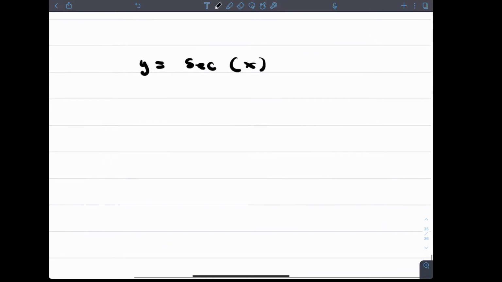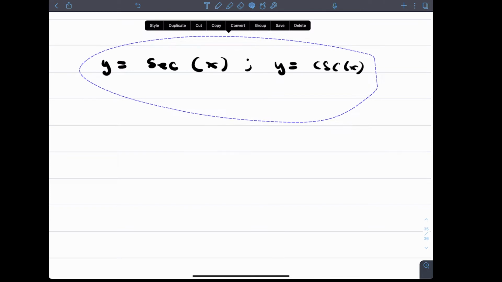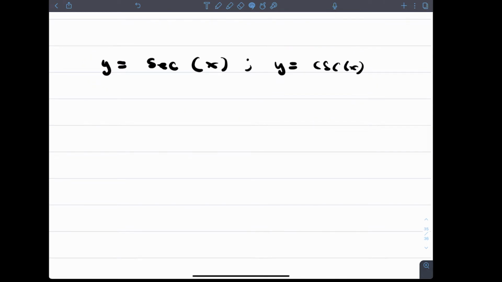So I want to share with you guys something here. If they say y equals secant x, and even y equals cosecant x, when you look at these graphs, I'm going to share with you guys how to graph secant and cosecant. It's very simple.